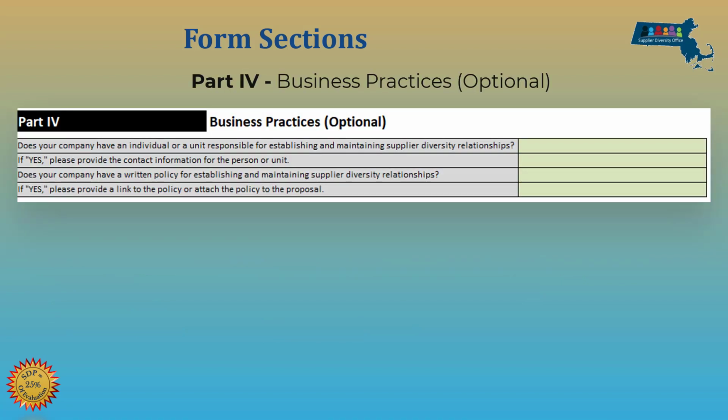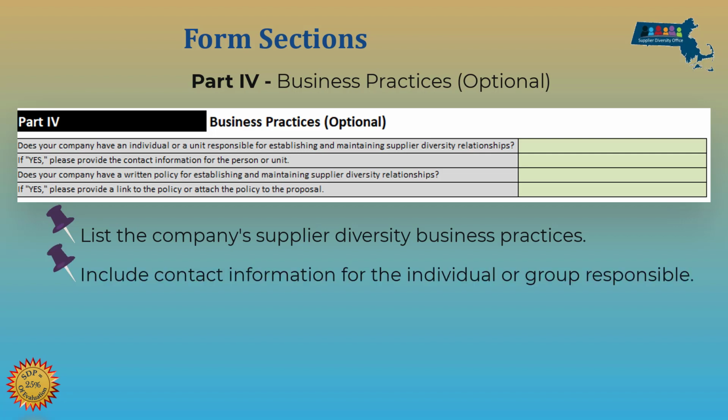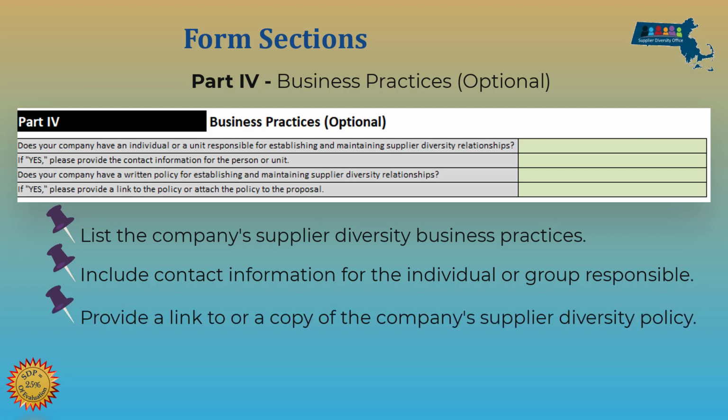Part 4 is an optional section asking to list your supplier diversity business practices. It provides space to include contact information of who is responsible for establishing and maintaining supplier diversity relationships, and to provide a link or attach a copy of your company's supplier diversity policy.